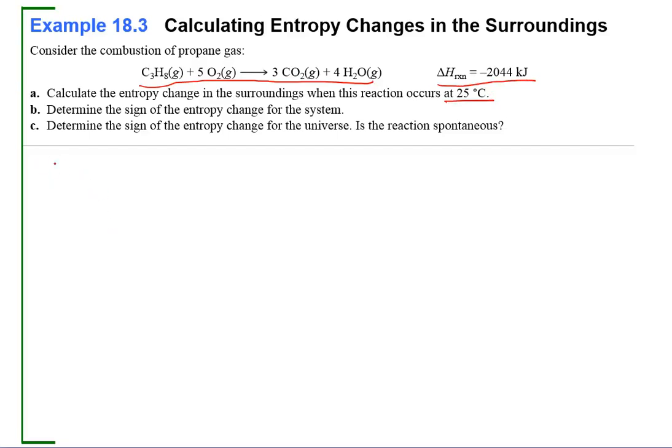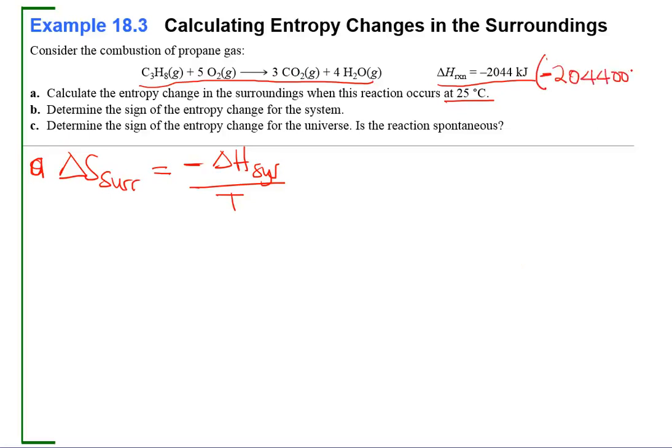So for the first question, for A, we know that the entropy of the surroundings is given by negative delta H of the system divided by T. This one should be given in joules.